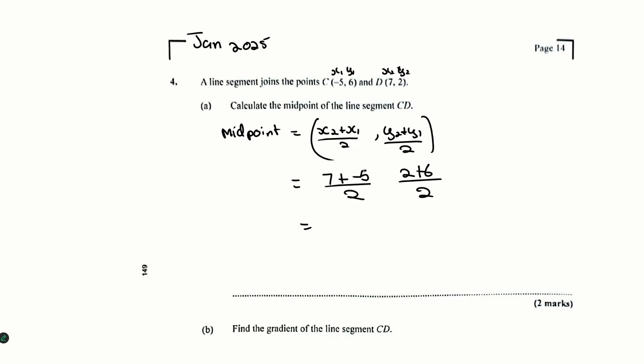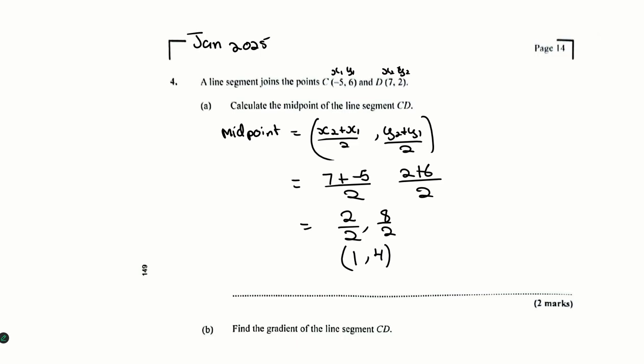Which would be 7 minus 5, a plus and a minus is a minus, so 2 over 2. And 6 plus 2 is 8, 8 over 2. So 1, 4. So my midpoint is 1, 4. And that is 2 marks.